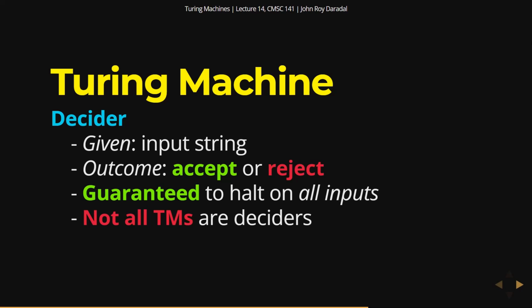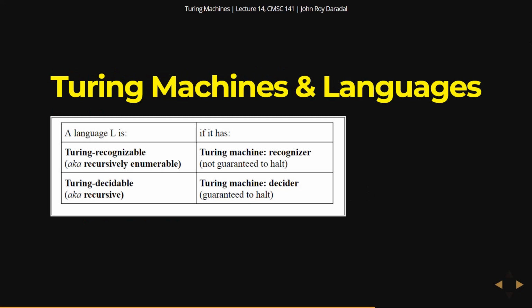Okay, so for Turing machines and their equivalent languages, we have the following. A language L is Turing recognizable or recursively enumerable if it has a recognizer Turing machine. So pretty straightforward, right? Turing recognizable if it has a recognizer Turing machine. And remember, a recognizer is not guaranteed to halt.